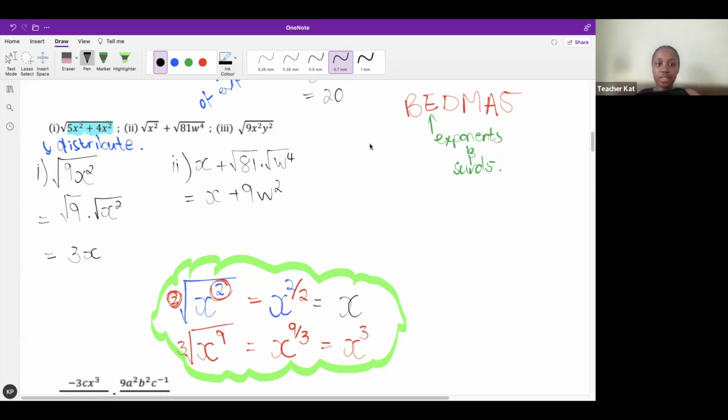And for the last one, number 3, we have a square root with 3 bases inside. So I'm going to split them up and say it's the square root of 9 times the square root of x squared times the square root of y squared. The square root of 9 is going to give us 3, the square root of x squared is x, and the square root of y squared is just y.